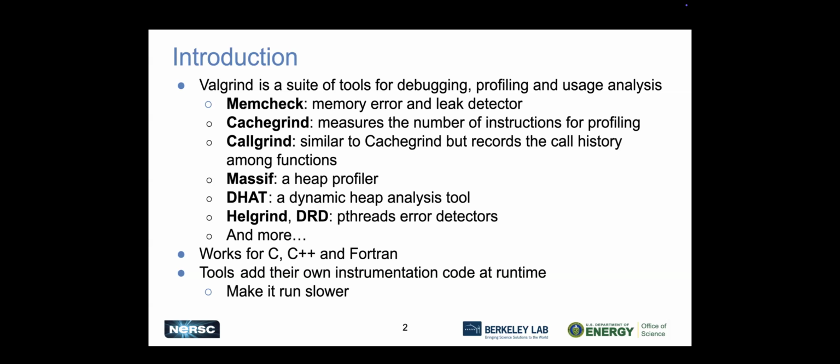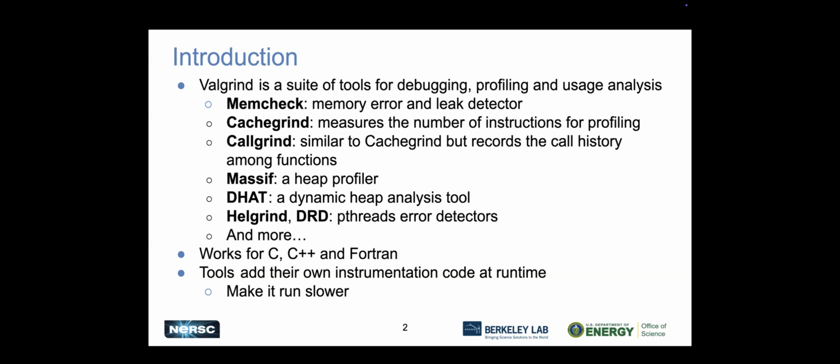Callgrind is similar to Cachegrind, but more sophisticated. It records the call history among the functions so that it can give a better perspective regarding which function is using how much, for instance. So again, this is using the number of instructions as a proxy for runtime.